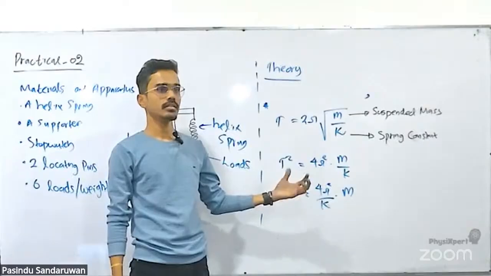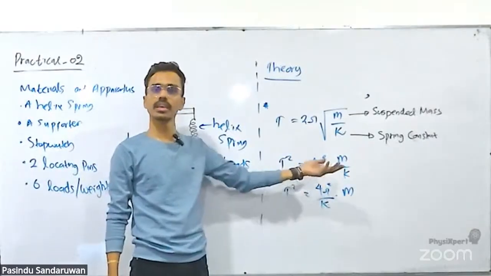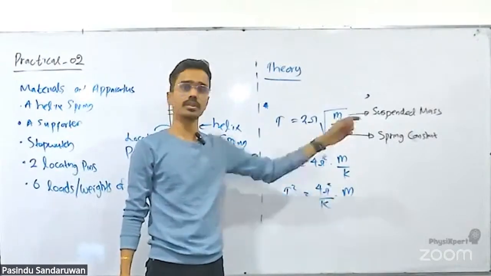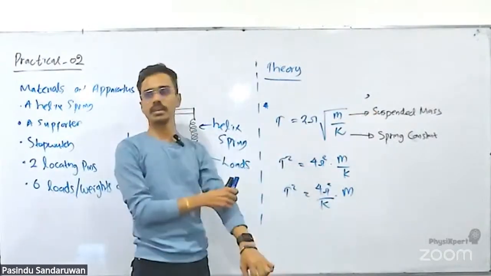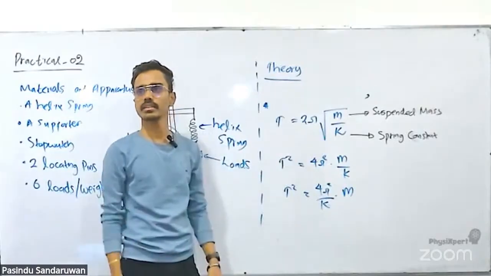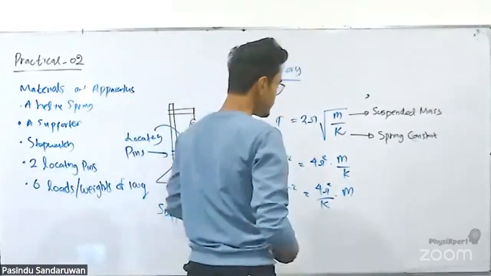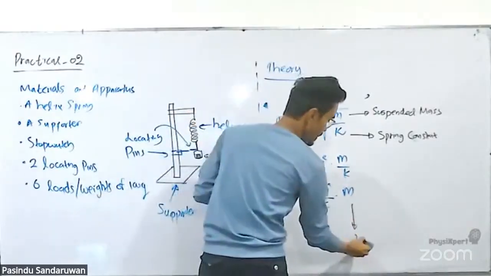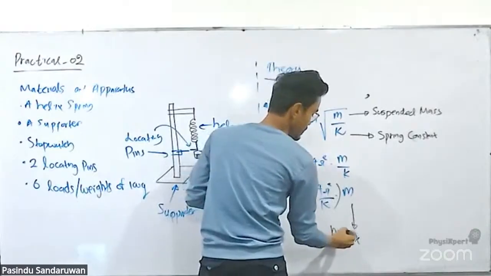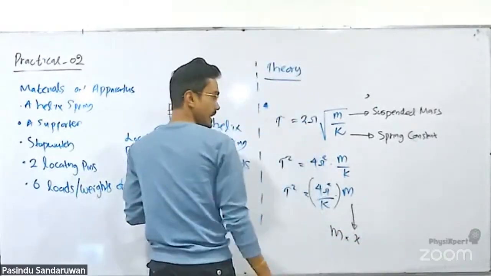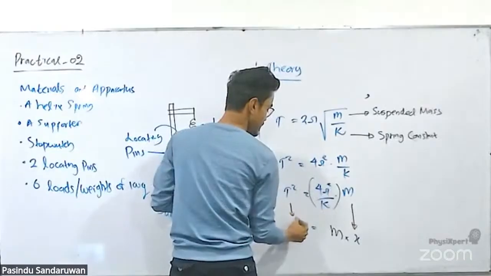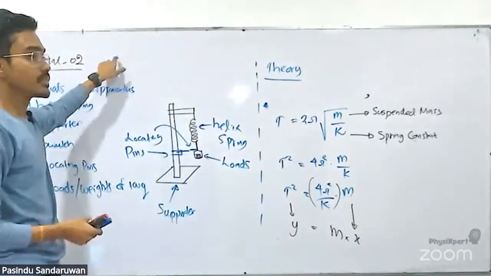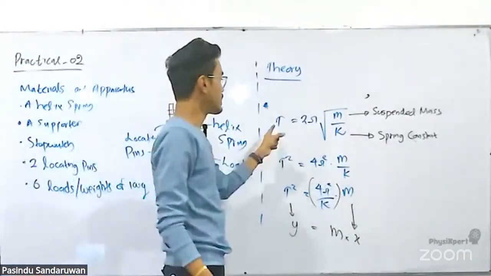There is only one term, only m, right? 4 pi squared is a constant, k is a constant for a given spring, and changing time is very hard, right? Then m is going to be considered as the independent variable x. And whatever is the product with x, the independent variable, is the gradient, and this is going to be considered as y, right? Now we are going to verify the relationship between T and m, no?